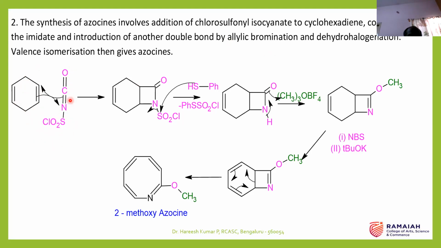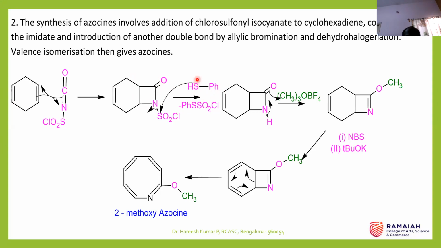What will happen here? There will be a 2+2 cycloaddition, 2 electrons here, 2 electrons here, forming a 4-membered ring. Once the bicyclic compound is formed, it is treated with thiophenol. This is not a phenol, it's a thiophenol because sulfur is there.